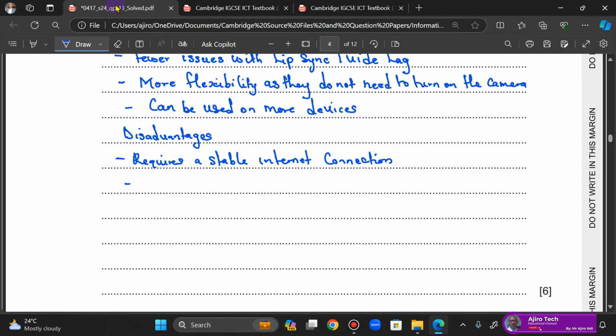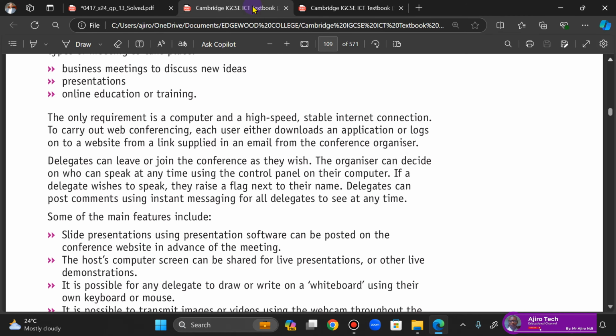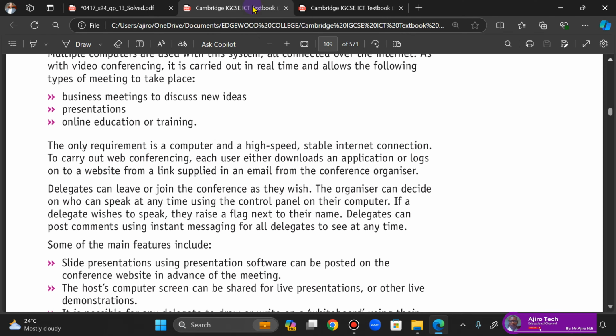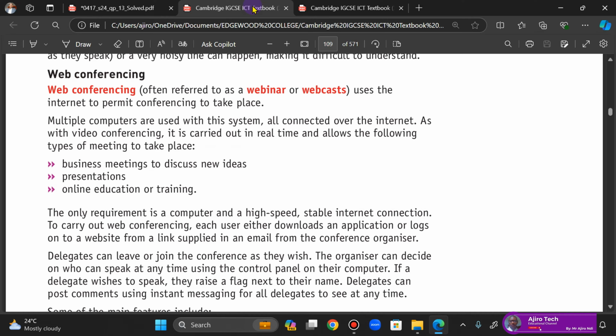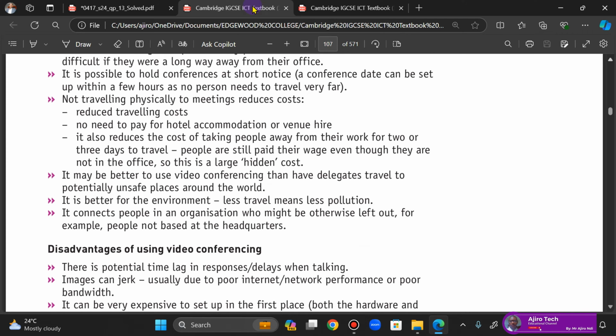Another one is, delegates can leave or join the meeting as they wish. Here we can see that there are some disadvantages for video that I can actually use.